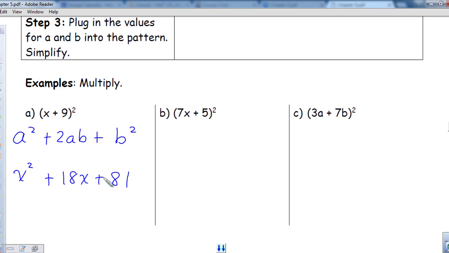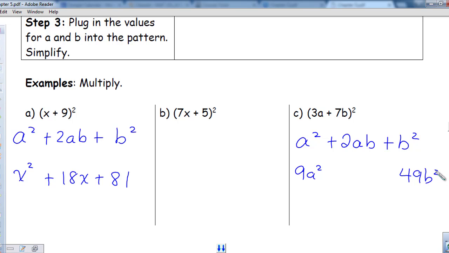Okay, I'm going to do C. Again, the pattern is a squared plus 2ab plus b squared. If I square this first term, it's 9a squared. The last term is 49b squared.